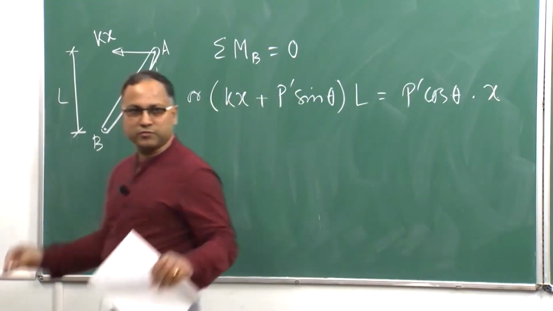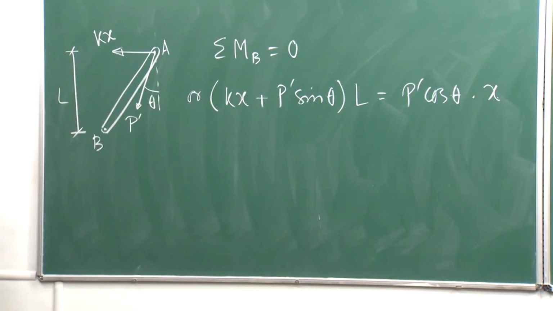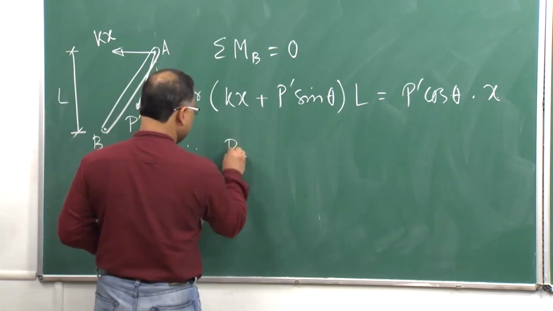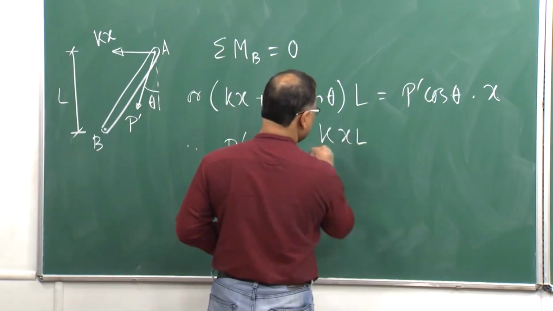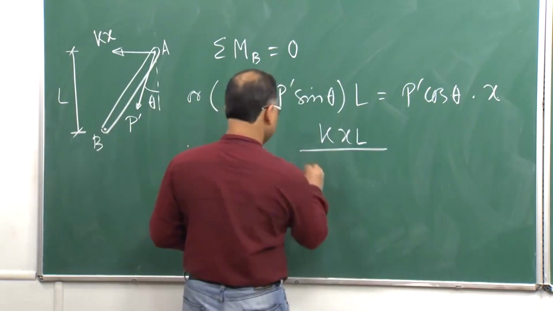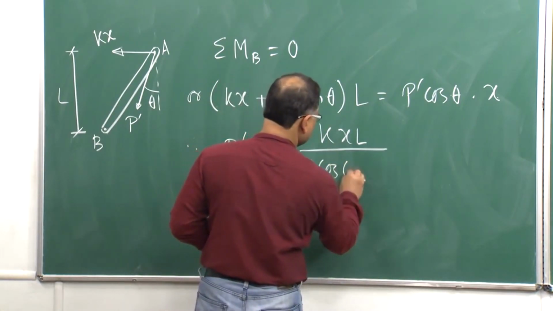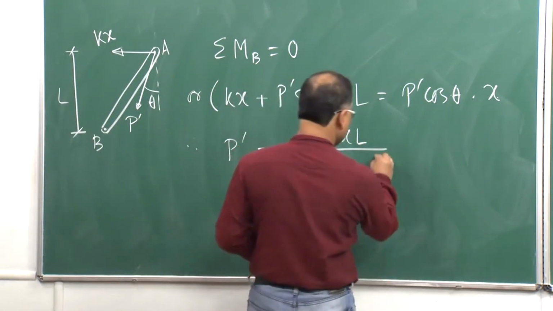Very simple equation, because now you are quite familiar with this kind of moment equilibrium equation or force equilibrium equation, right. So, from this I can get the expression of P prime, that is Kxl by x cos theta minus L sin theta.